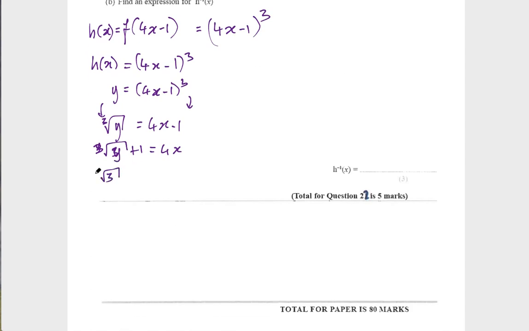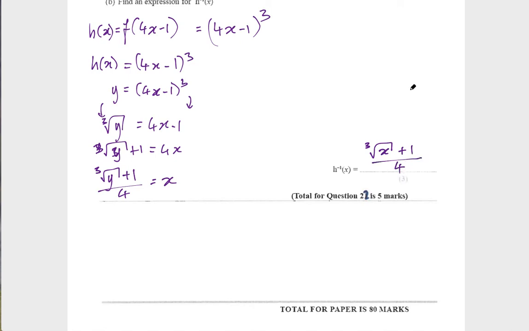Cube root of y plus 1 over 4 equals x. And then for the final stage of this process, remember to remove the y and replace it with an x. So the inverse function is cube root of x plus 1 all over 4.